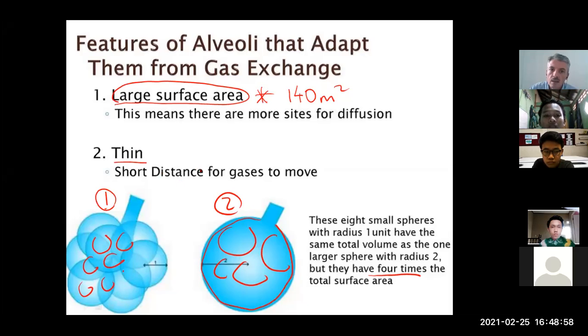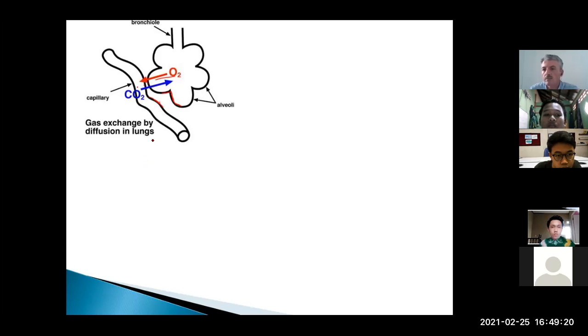The second one is that the distance is very thin. From the alveolus into the blood, the distance is very short. Like here, this is the alveolus, a single cell wall, and this is also a single cell. So oxygen passes through 2 cells and it is in the blood.